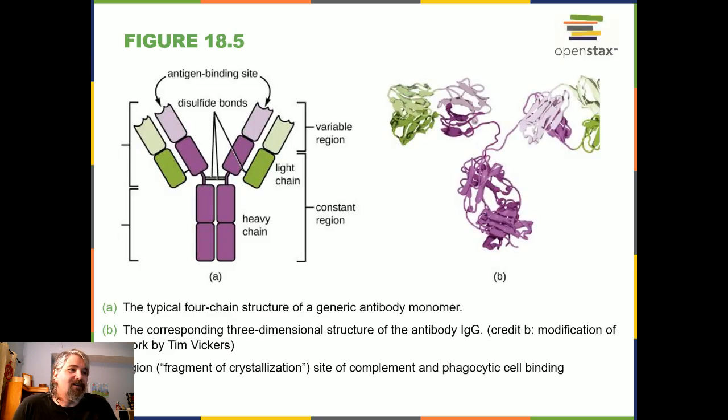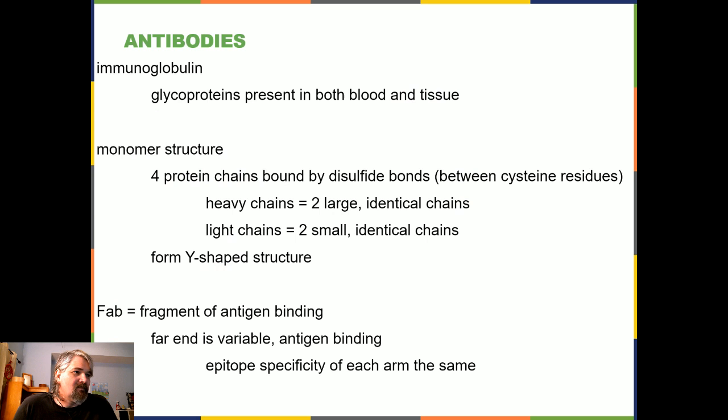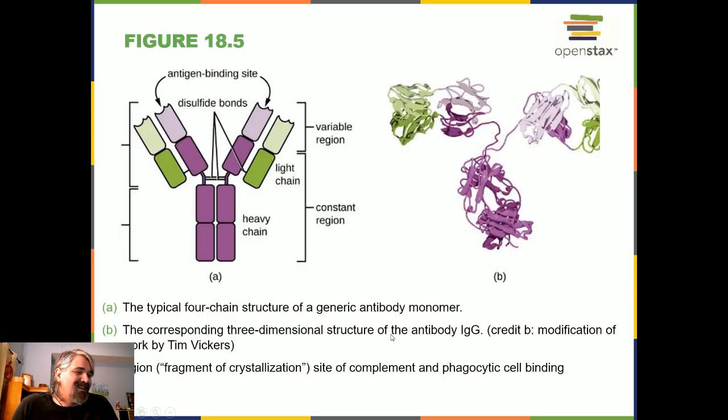Okay, here we go. Here's our two heavy chains. They are identical to each other. The two light chains are identical to each other. And here are the antigen binding sites. These are all for the same epitope. And then there's the wireframe, the three-dimensional structure, and the disulfide bonds pictured there.